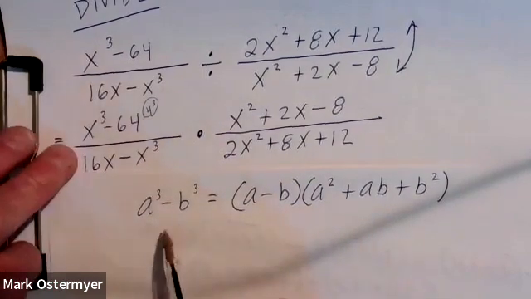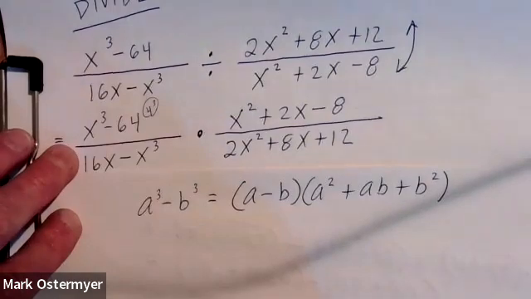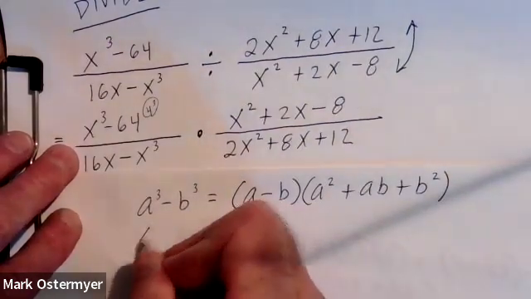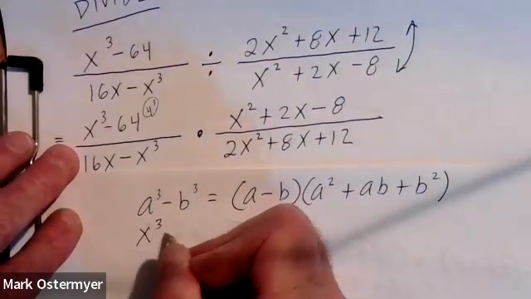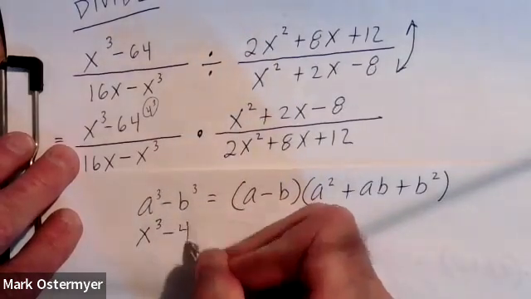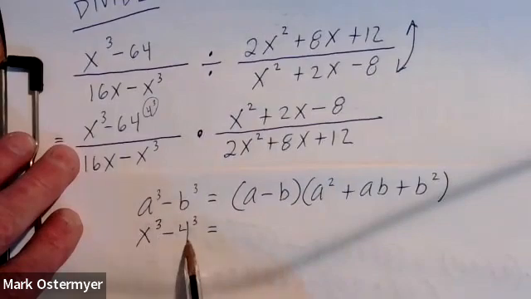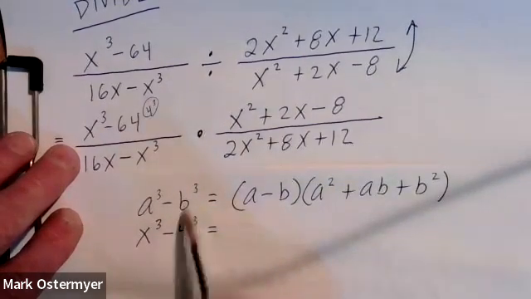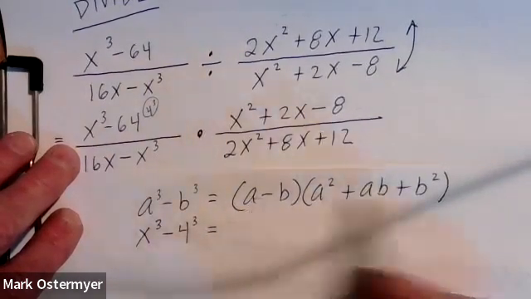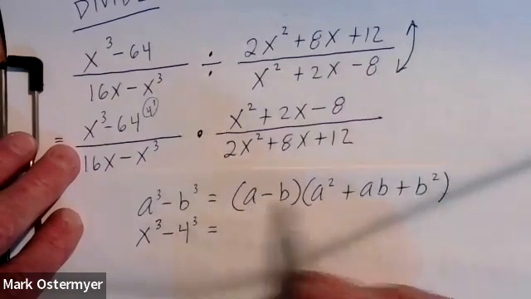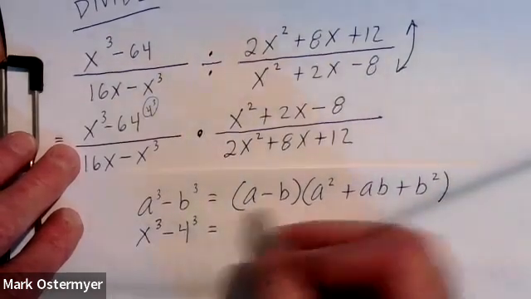Now, therefore, we've got x cubed minus 64, and 64 being really what? 4 cubed. Do you agree? X cubed minus 64 is x cubed minus 4 cubed. So really our a is an x and our b is a 4. Wherever we see an a in this pattern, we drop in an x. Wherever we see a b, we replace it with a 4. So let's follow along here.